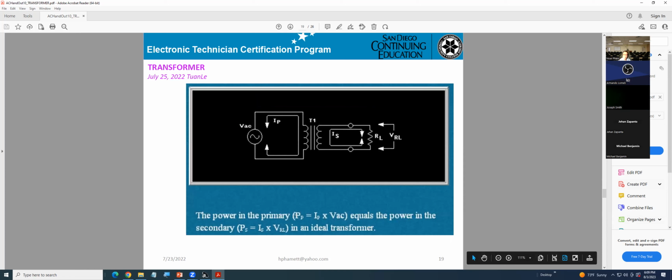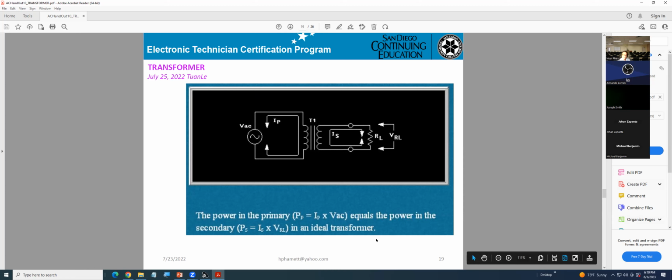The power in the primary, P primary equals IP times VAC, equals the power in the secondary, P secondary equals IS times VL, in the ideal transformer.